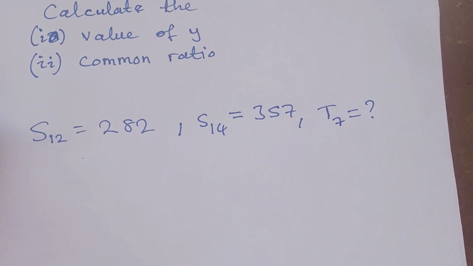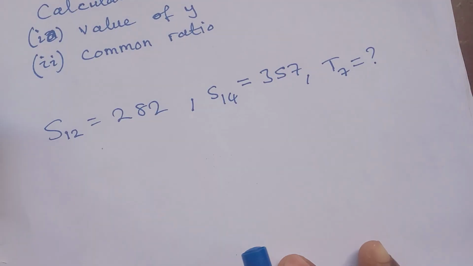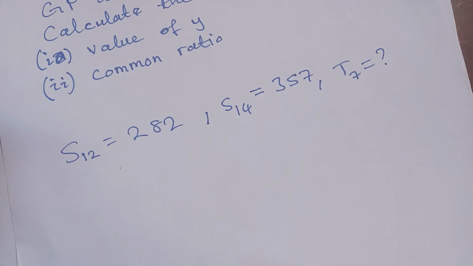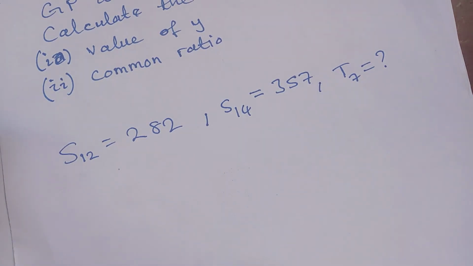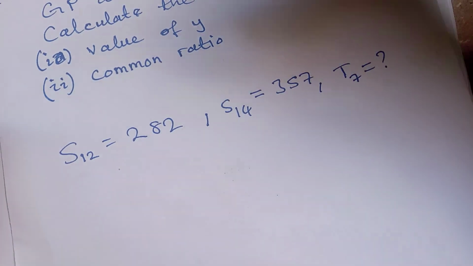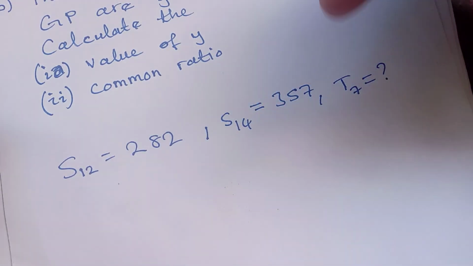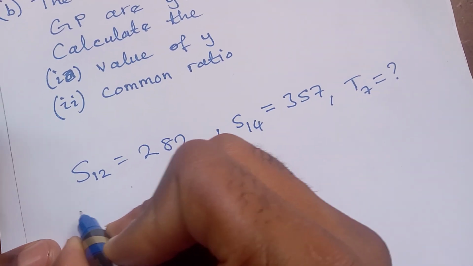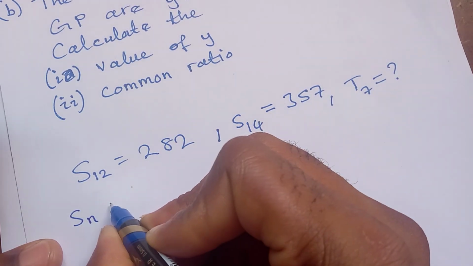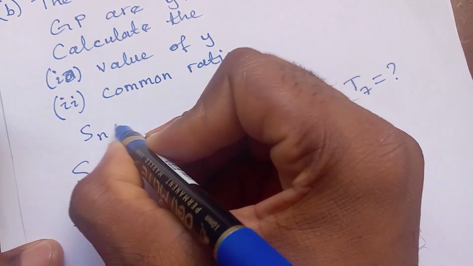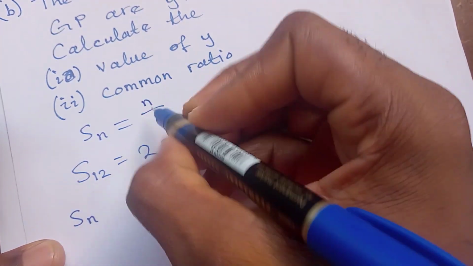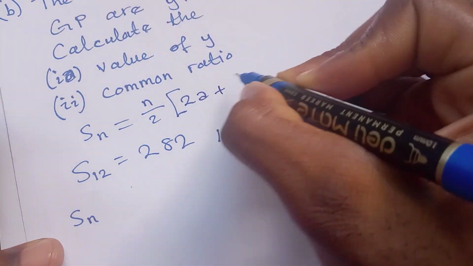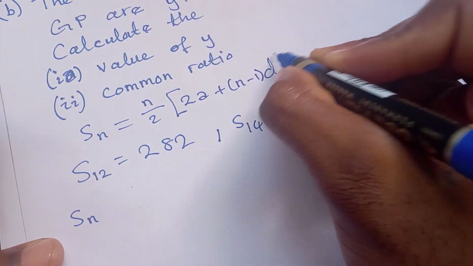So since this one is an AP, we can write this in terms of the formula for the sum of an AP. And by the way, the sums of an AP and the GP are always provided. So the sum of the first 12 terms is given by, let me just write the formula for the sum of the nth term: n over 2, square brackets, 2a plus n minus 1 d.